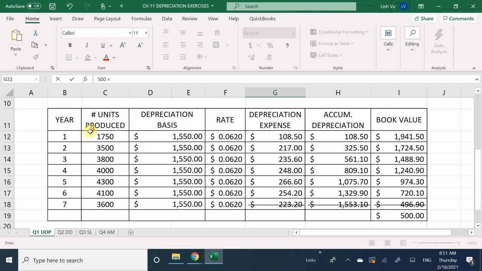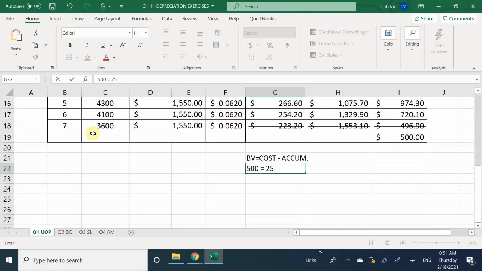2050. So if I have all that information and I need to solve for accumulated, I'm going to use A for accumulated. How do I solve for A? How does 2050 minus X give you 500? 2050 minus 500.